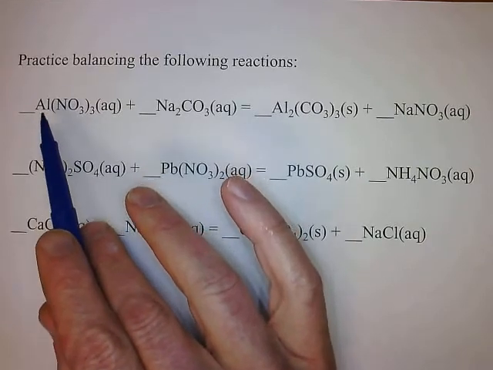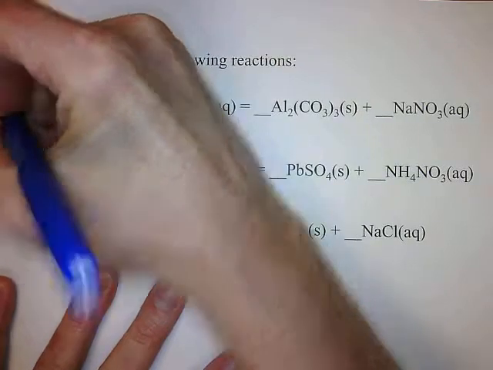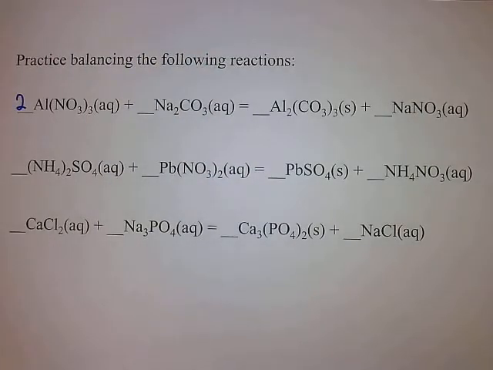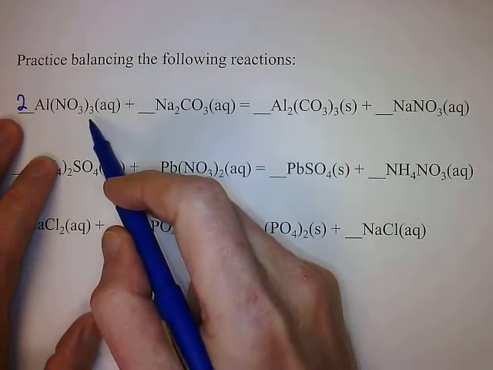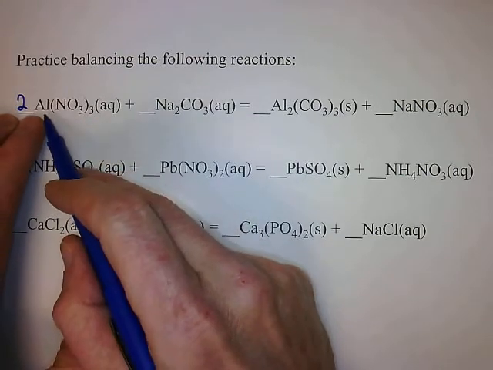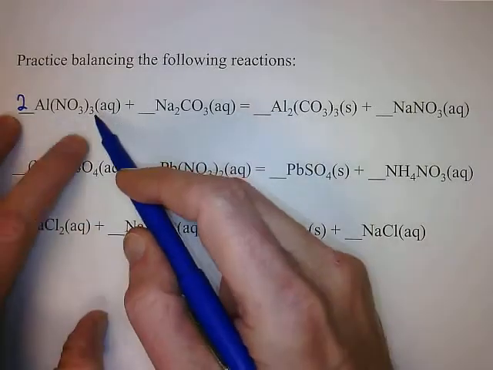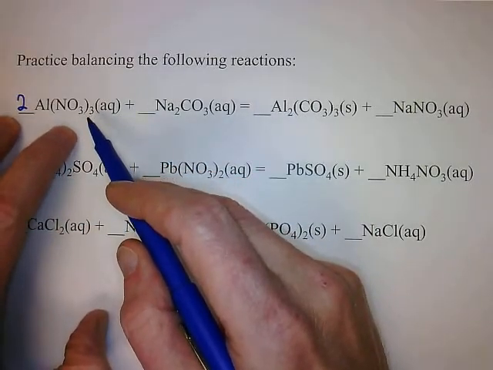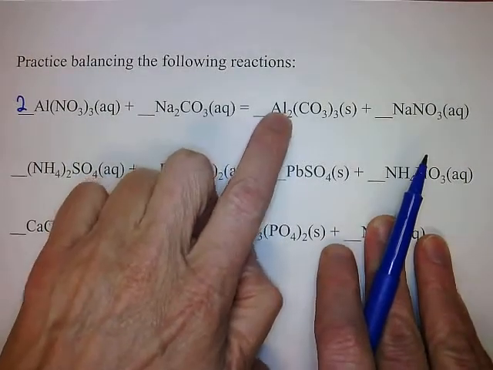There's only one aluminum in aluminum nitrate, so we're going to have to put a 2 in front of it. Now granted, that 2 operates on this whole formula. So if aluminum nitrate consists of 1 aluminum and 3 nitrates, we now have 6 nitrates on this side. We'll worry about that in a minute. So we balance the aluminum.